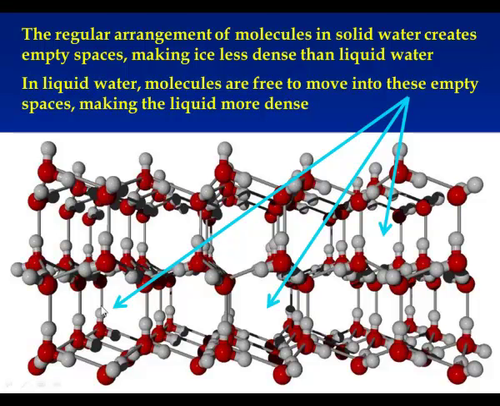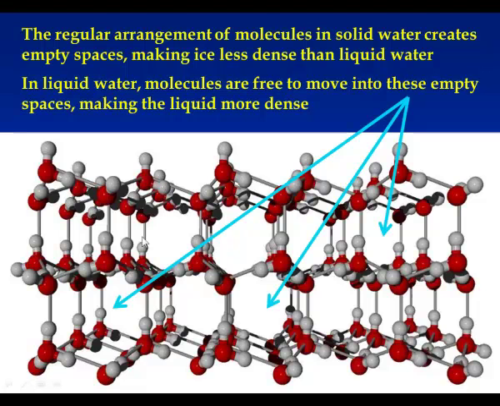And that open space is nothing. So there's no matter in there. That means the whole piece of ice now has a bunch of empty space in it, and it makes it less dense than the liquid form of water. And you can imagine, and we've seen this video that I showed you guys in class. Ask me again if you haven't seen it.